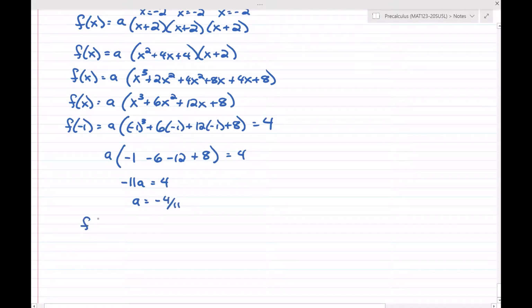And our answer for f of x would be -4/11 times x to the third plus 6x squared plus 12x plus 8.